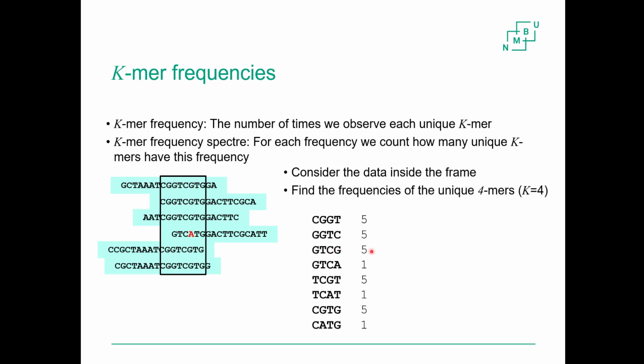And the next one also 5, but then we can see this one, GTCA, coming here. GTCA. This is only once, right? Because the other 5, they are GTCG here. That's the one before, right? This one occurs 5, but this one once. And then you move to the next position and so on and so on.